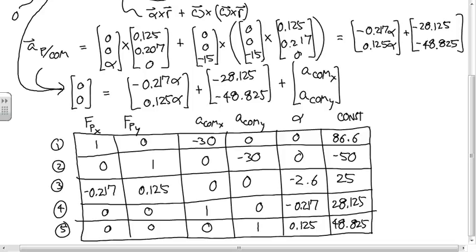And so, by the way, the next topic we're going to get into is linkages. In linkages, you're going to have all these variables floating around. Each body, you're going to be dealing with the acceleration of its center of mass and its angular acceleration.